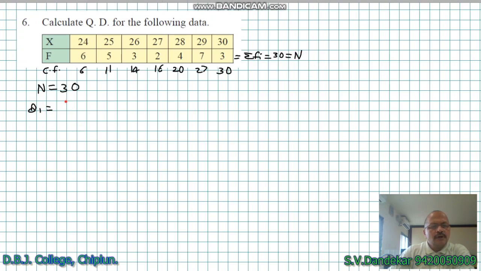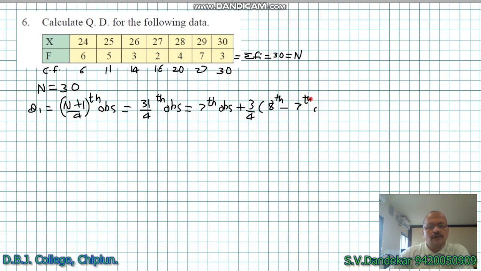Q1 is equal to (n plus 1) upon 4th observation, equal to 31 by 4th observation, equal to 7th observation plus 3 by 4 times (8th minus 7th observation). 7th observation is 25 and 8th observation is also 25.